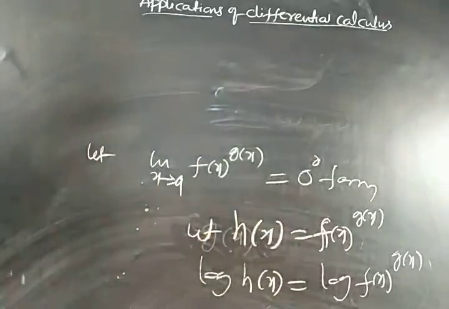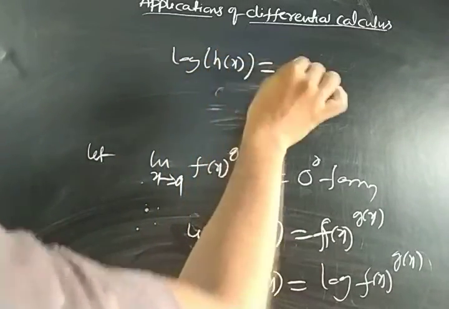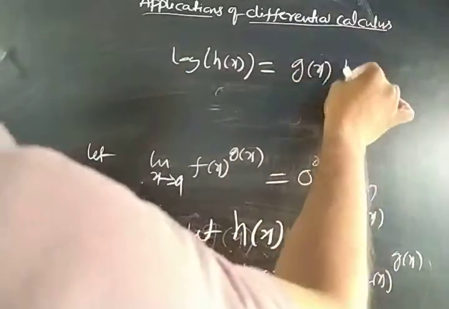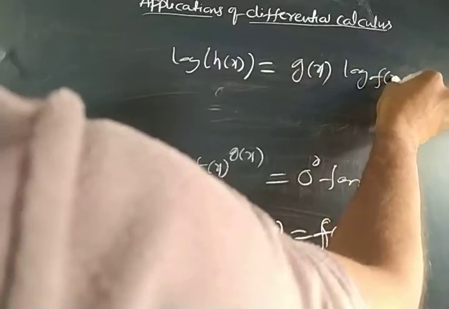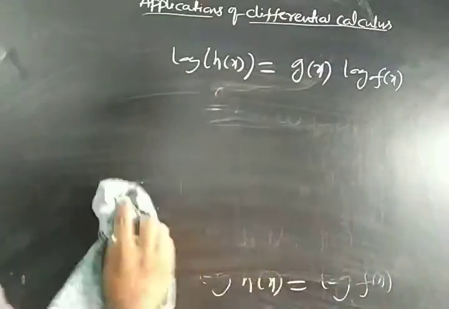By applying log on both sides, what you will get: log h of x is equal to g of x into log f of x. After that, apply the limit on both sides.